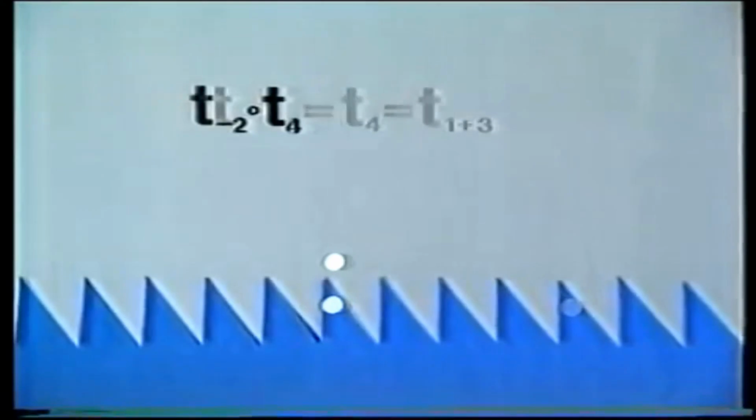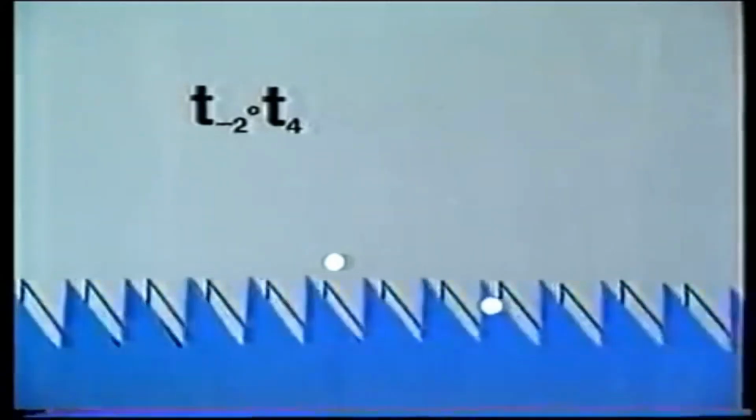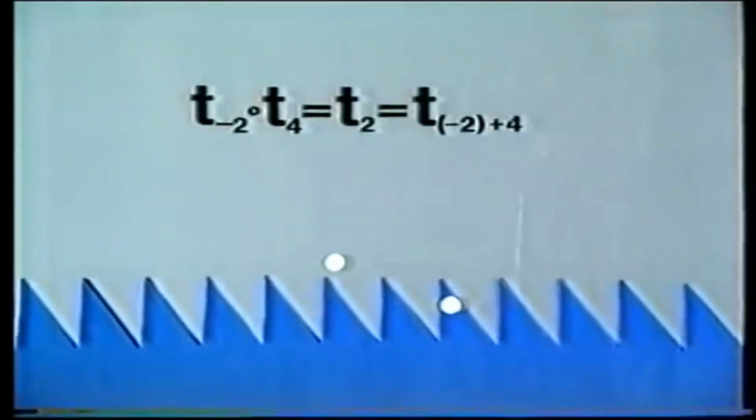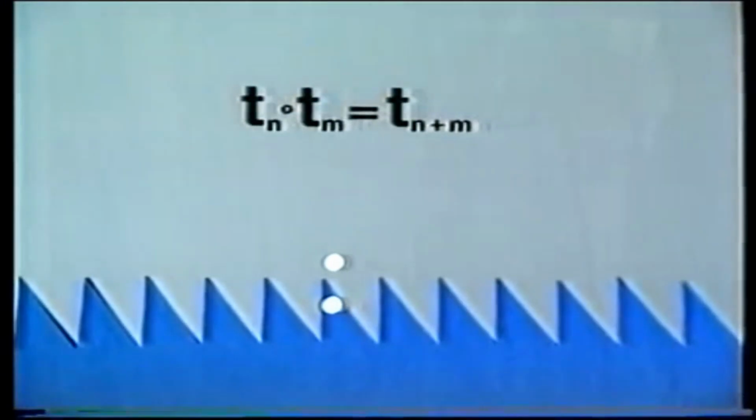So if we try T4 followed by T minus 2, we get T2. That's T4 plus minus 2. And it's not hard to believe in general that Tn, composed with Tm, is T(n plus m).